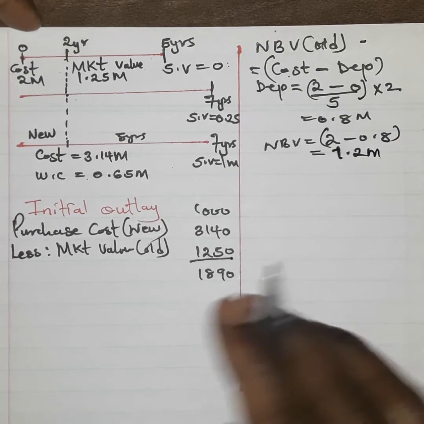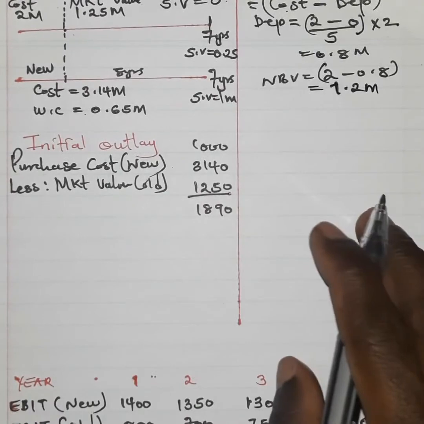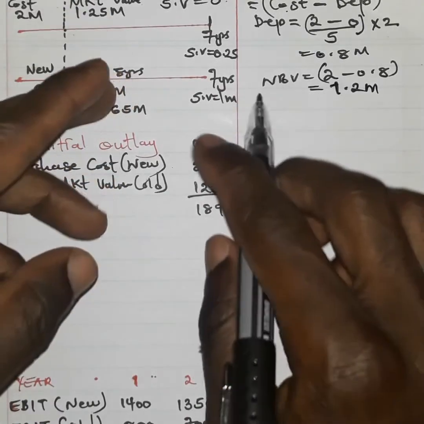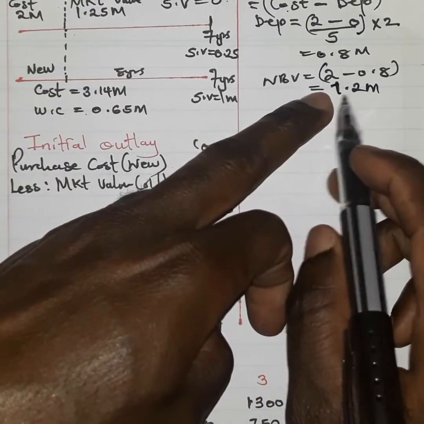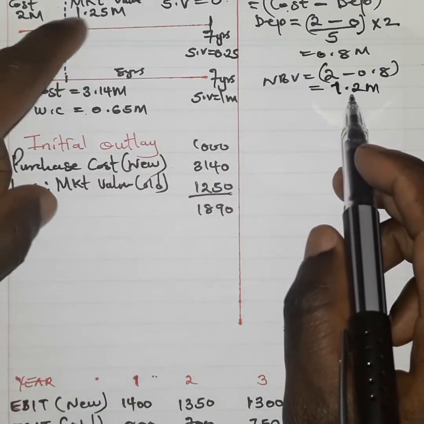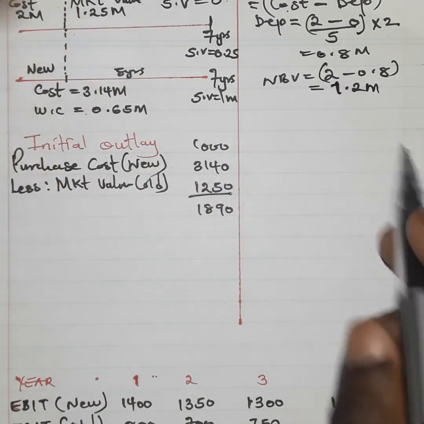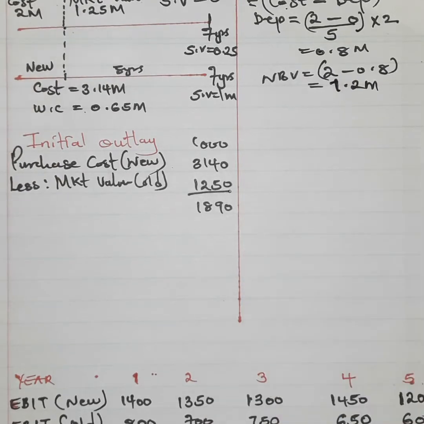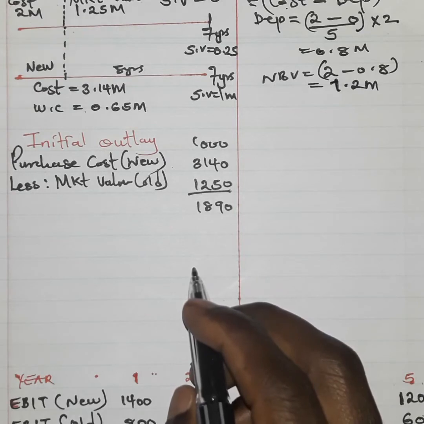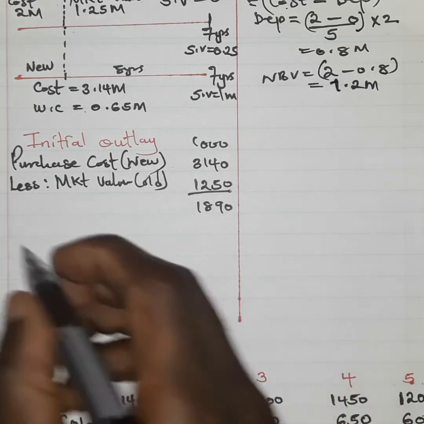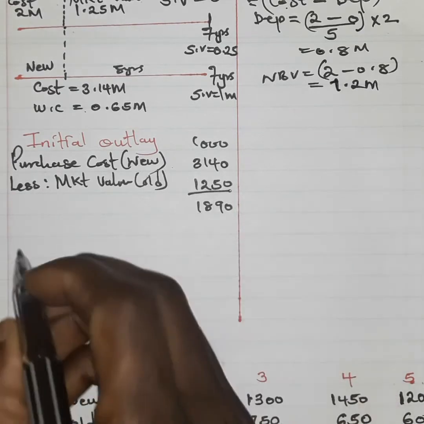So the value of this asset is 1.2, then it is sold at 1.25. So it was sold at a higher price, meaning that it was sold at a gain. But we're supposed to add the tax on disposal gain to this particular amount that you got here.